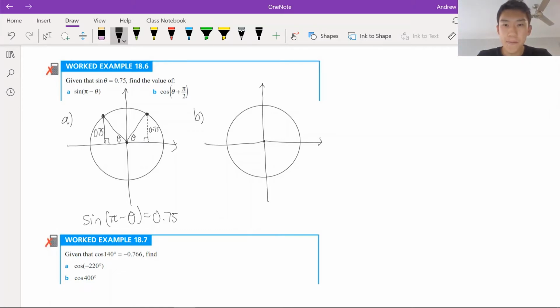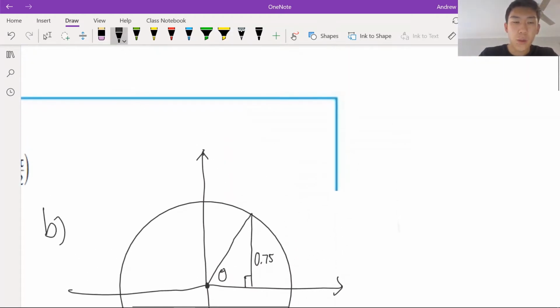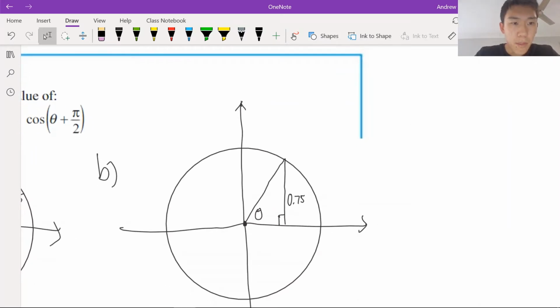Okay, let's do B. Now we want cos theta plus pi on 2. So again, let's start with this triangle here, because we're still working with the same one, because we know sine theta equals 0.75. Now we want to locate theta plus pi on 2.